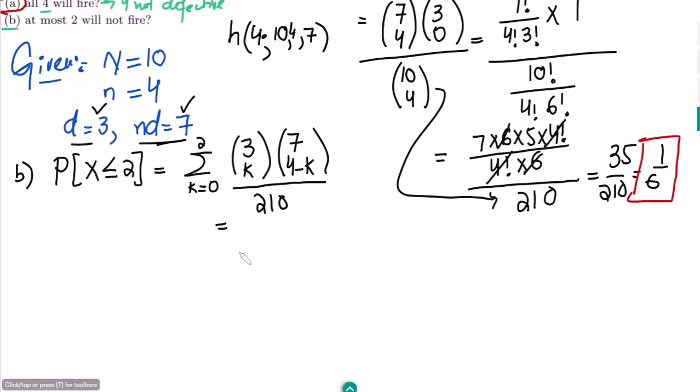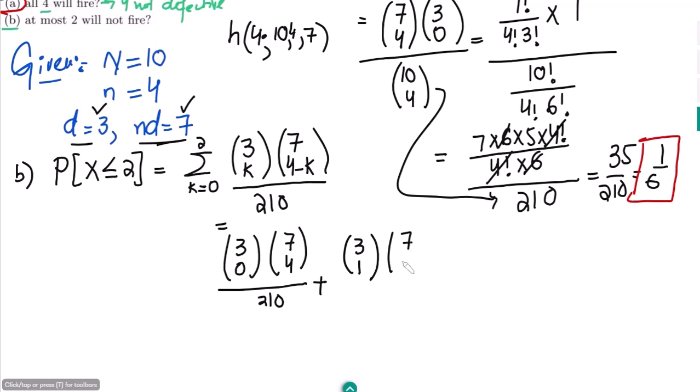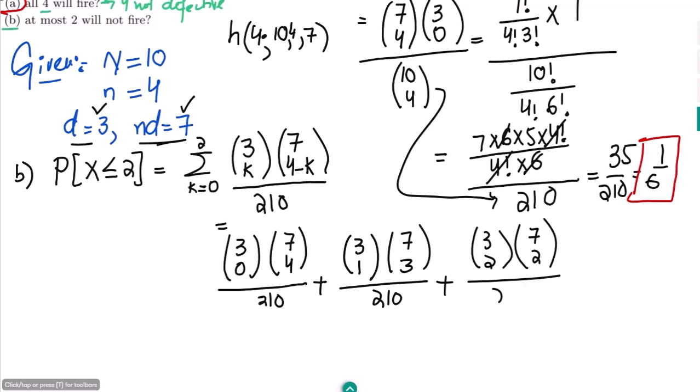For all the values here, it would become 3 choose 0, and here it would be 7 choose 4 for the value of 0, 210, plus for k equal to 1, 3 choose 1, 7 choose 3, whole divided by 210, plus 3 choose 2, and 7 choose 4 minus 2 is 2, divided by 210.